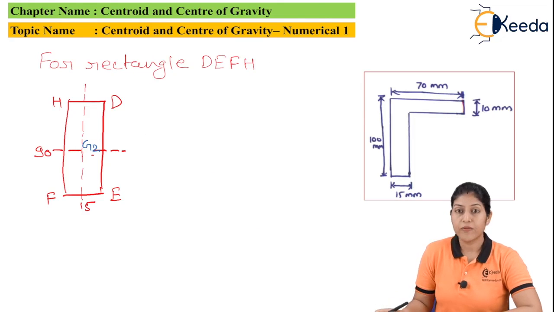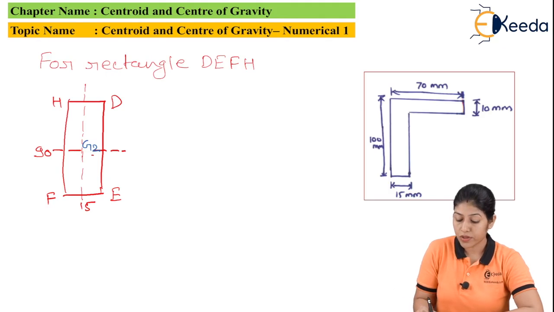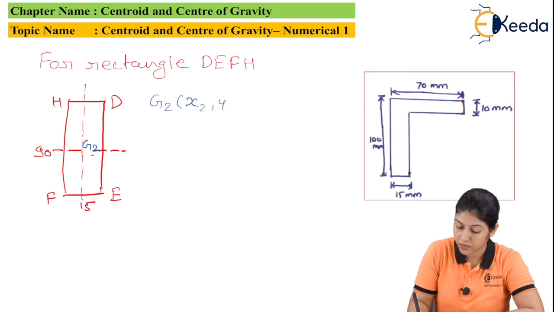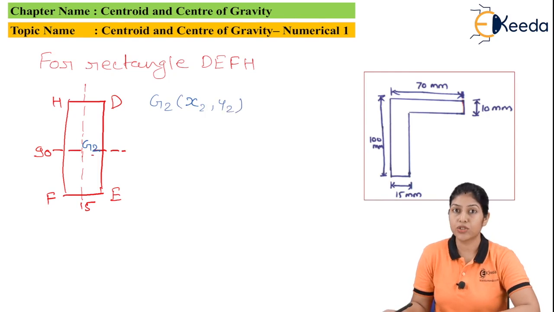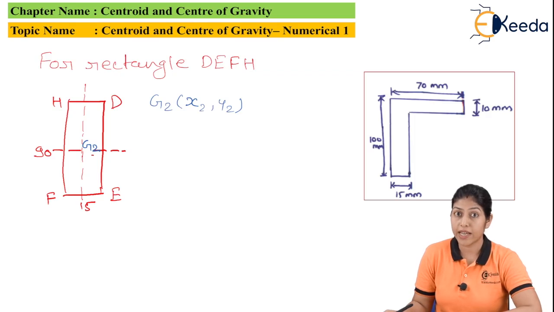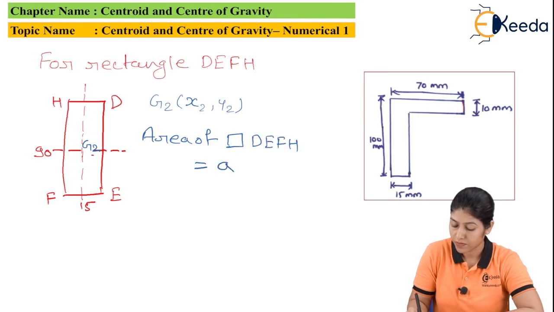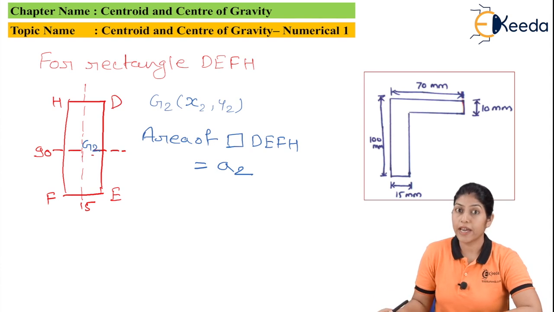And if we are taking rectangle 2, we have to find out the coordinate points X2 and Y2 for the position of G2. If we take the area of the rectangle as A2, we can find the area with the dimensions.